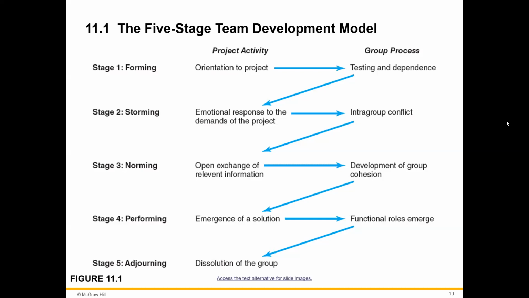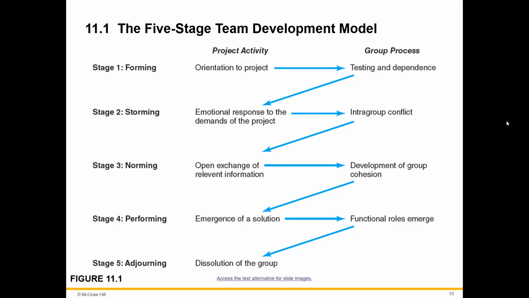And then last but not least, in step number 5, you can adjourn your project. You can finish the project altogether, dissolve the group, and hopefully make sure that the work is completed and situated properly on time.